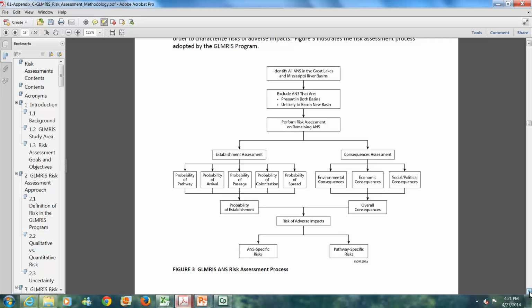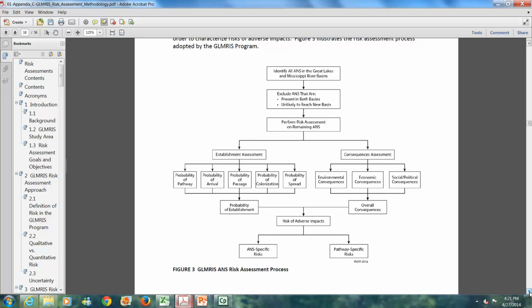And they excluded those that were unlikely to reach a new basin. So you might consider those steps actually part of what we've been describing as a risk profile, gathering this information. Those that passed through those two criteria, that's what was used to perform a risk assessment.